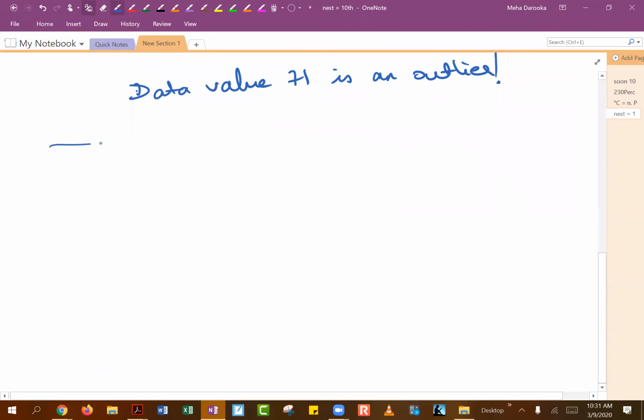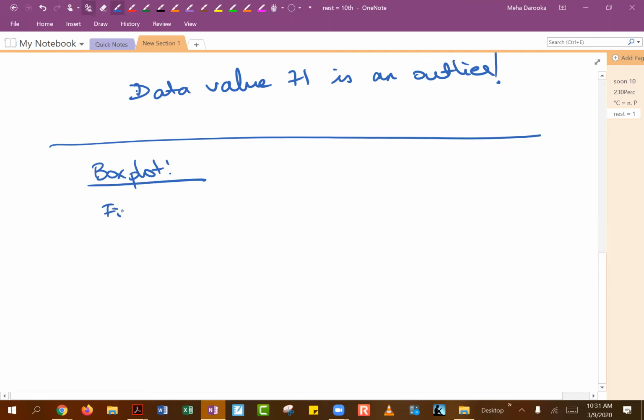Alrighty, so now let's talk about a box plot, our 5-number summary.